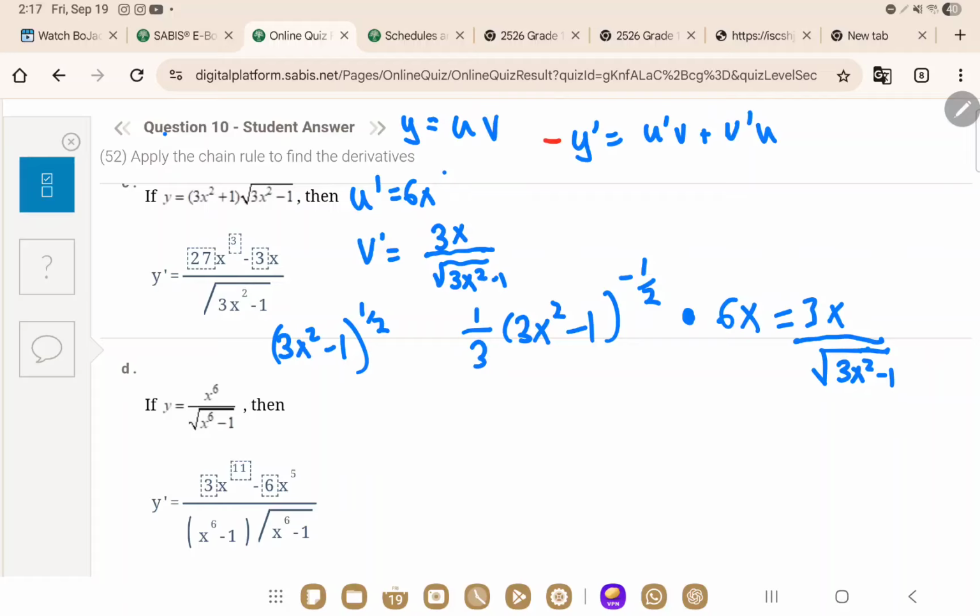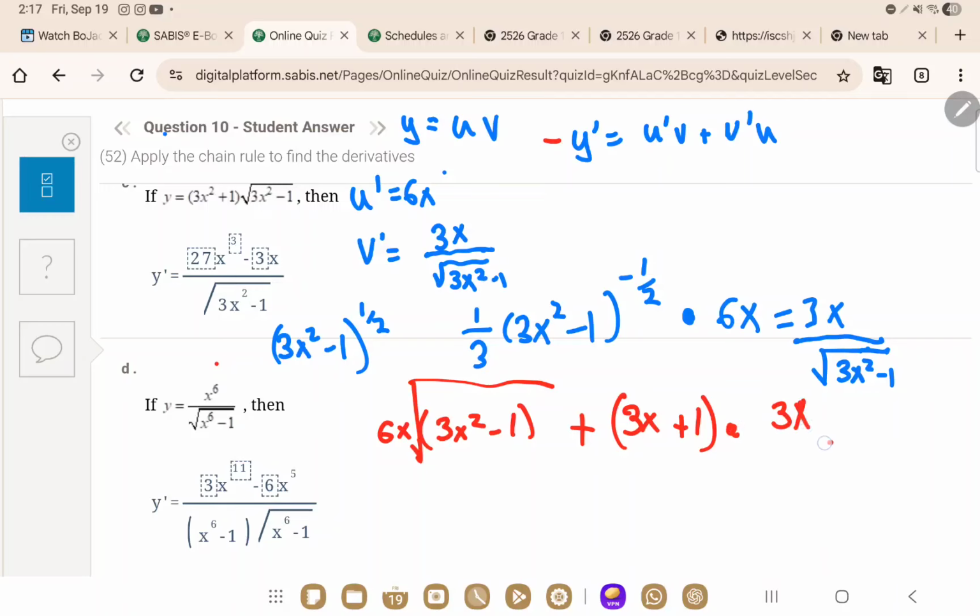Now that we have both of these, we're going to do u prime, which is 6x, times v, which is 3x squared minus 1 to the power half, plus, you could do this as a square root, it's possible, u which is 3x squared plus 1, times the v prime, 3x over radical 3x squared minus 1.